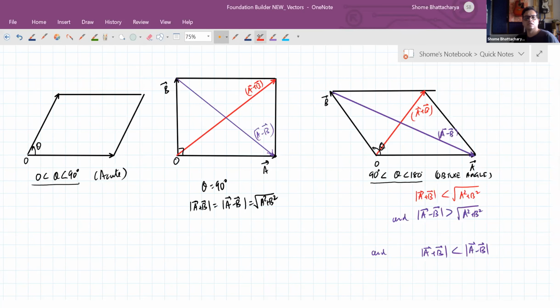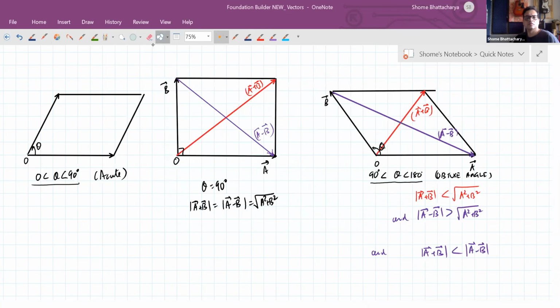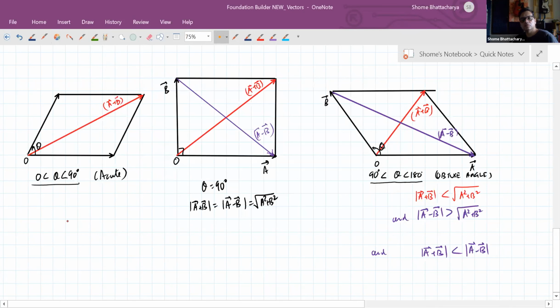So in this case, now you can see that this diagonal here, which represents the sum, if we just compare this geometrically to the middle case, this is now longer. So you can see that mod a plus b has become greater than root of a square plus b square.